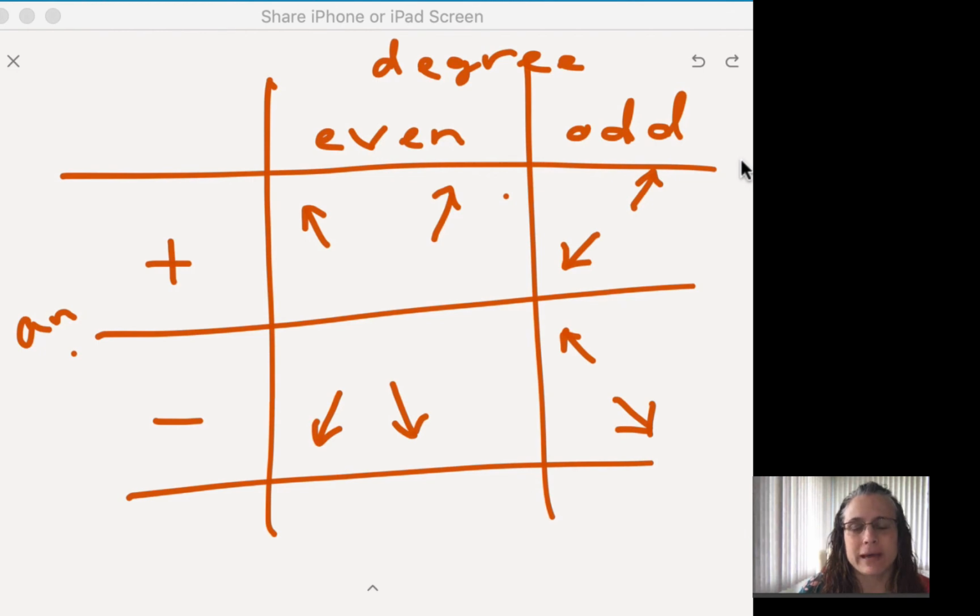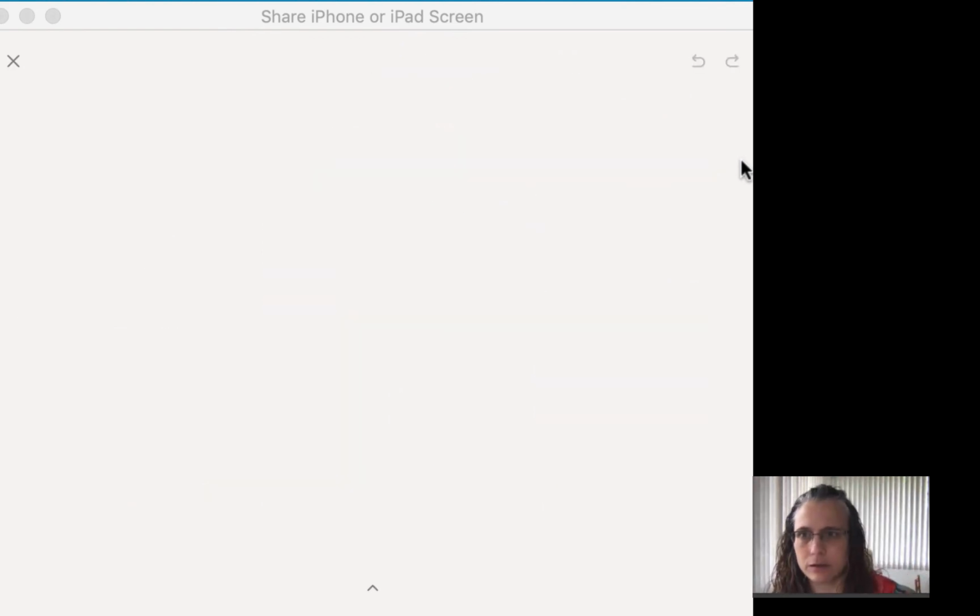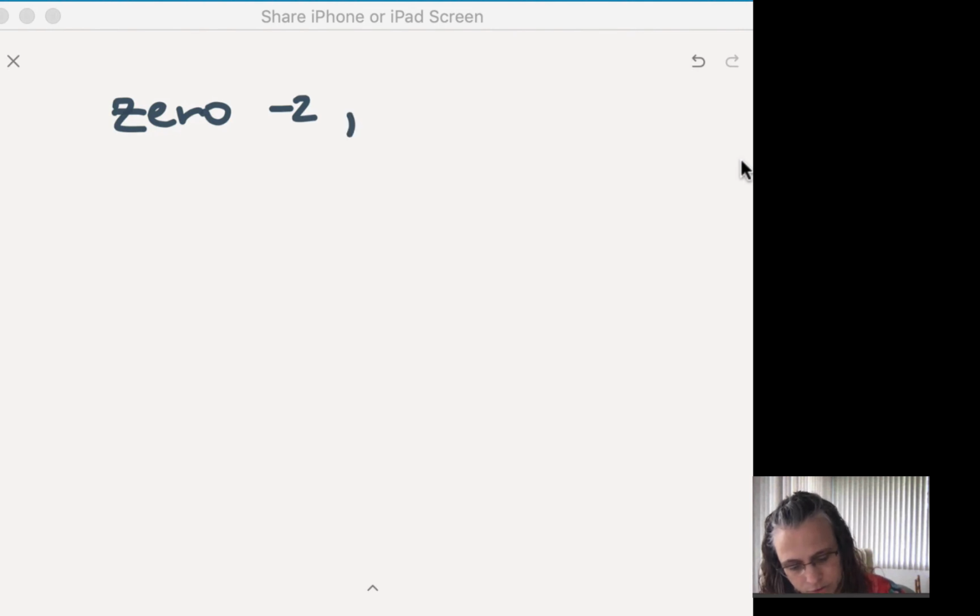So when we go back to the other problem, it had an odd degree and a positive leading coefficient. So then it's right rises and left falls. We had a 0 of -2 that had multiplicity 1.